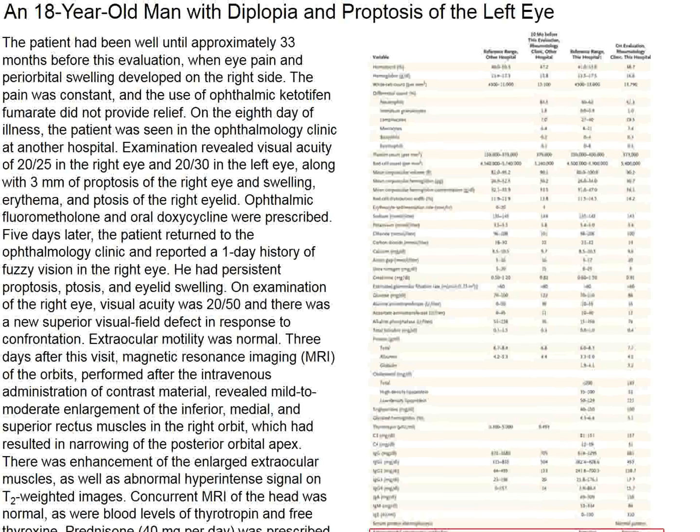The patient in the New England Journal is an 18-year-old man with diplopia and proptosis of the left eye. And this condition went on for several years, and the question is, what is it? Malignant tumor. These are usually fairly aggressive at this age and wouldn't be expected to be relatively dormant over a period of 2 years.